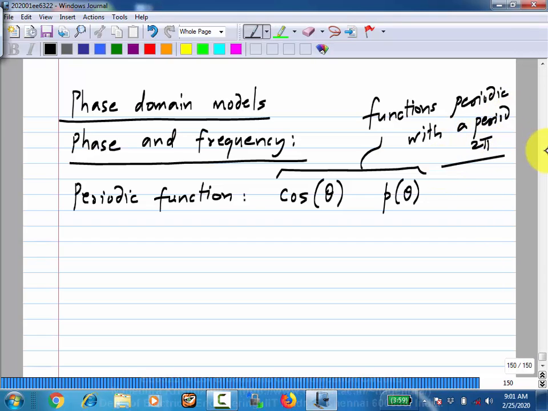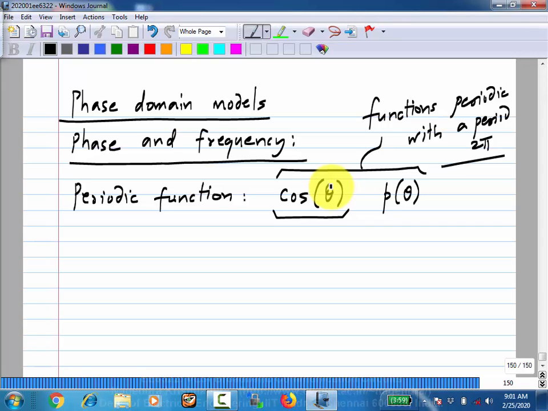In fact, you typically see square waveforms in the serial link in the high-speed data communication domain. But as far as the phase is concerned, taking any function of period 2 pi is fine.